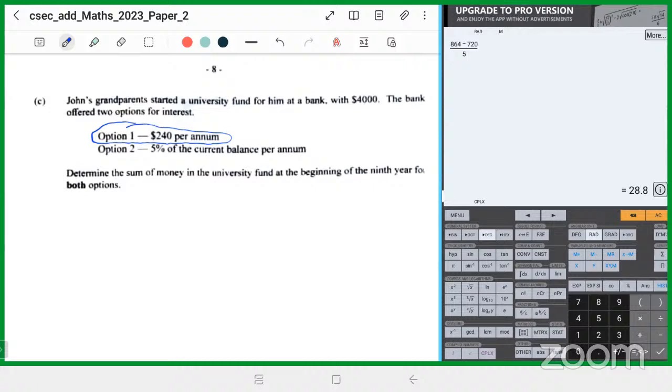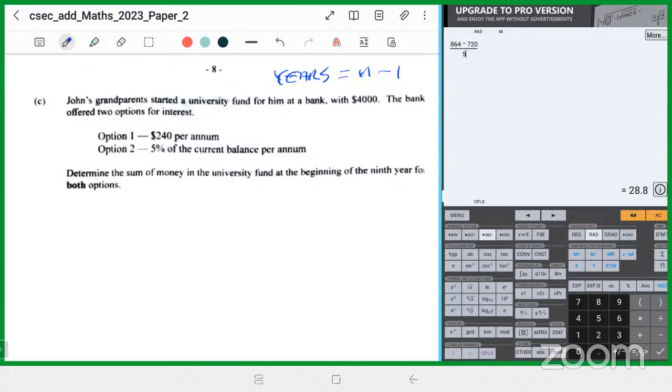Remember that the number of years is trailing behind the N. So the number of years will always be N minus 1. The term number minus 1 is the number of years.